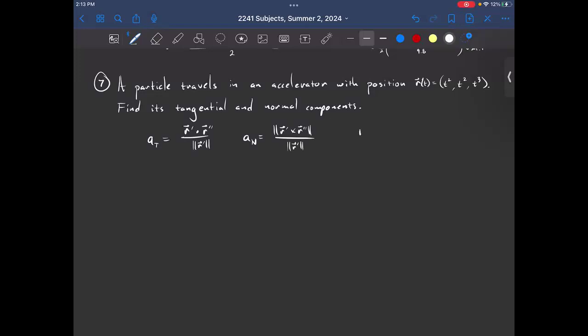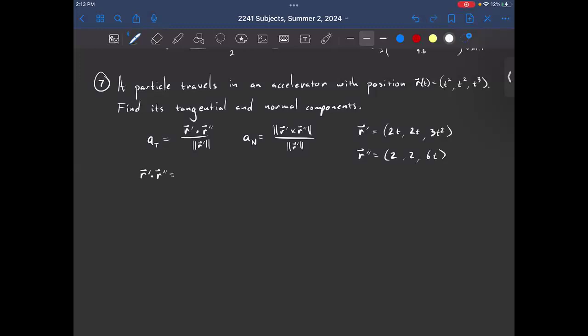Okay, and so this gives me an inkling of what I should do. Probably start by computing the first and second derivatives of r. So this is going to be 2t, 2t, 3t squared. And then my second derivative is 2, 2, 6t. All right, so I need r prime dot r double prime.